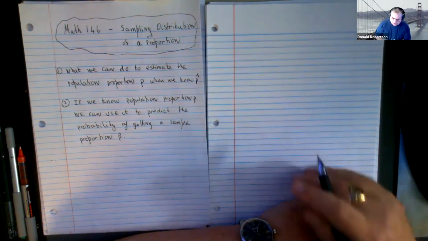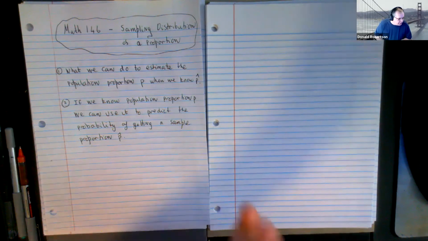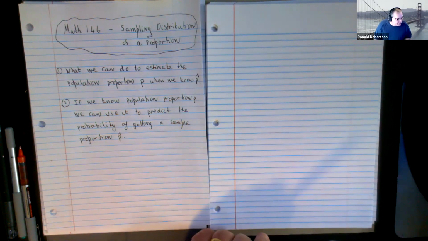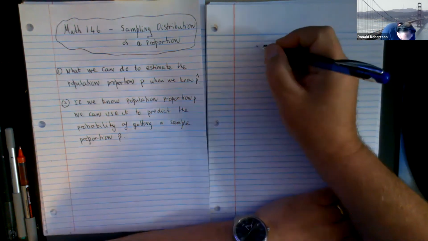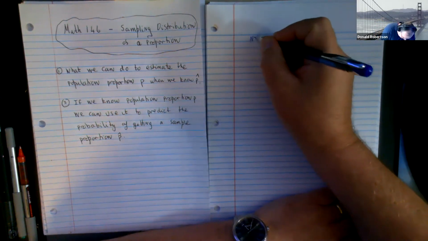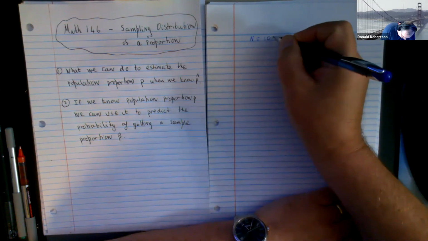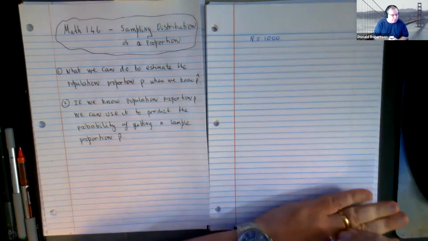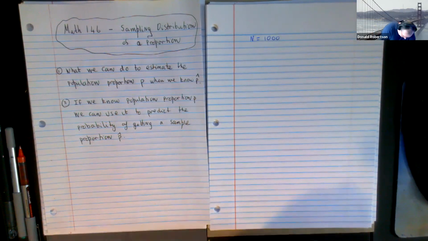Right, so I would like to know the answer to a question like, who's going to win the next governor's election? So let's say it's in Texas, and we get a sample of 1,000 people, a nice simple random sample.